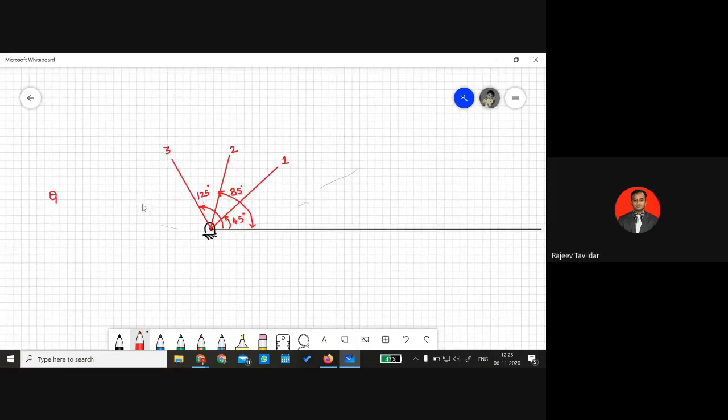I've taken theta 1 or theta I as 45 degrees, theta 2 is 85 degrees, theta 3 is 125 degrees. Remember, all these are theta 2 only because theta 2 is associated with the crank, but because of the positions, I'm writing it as theta 1, theta 2, and theta 3.